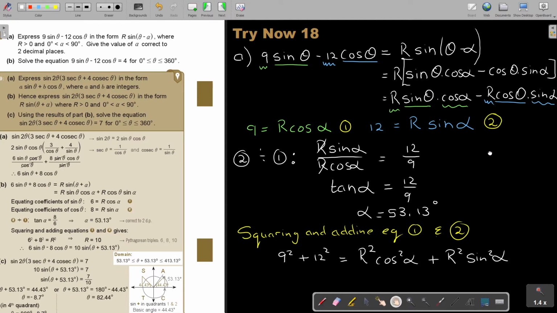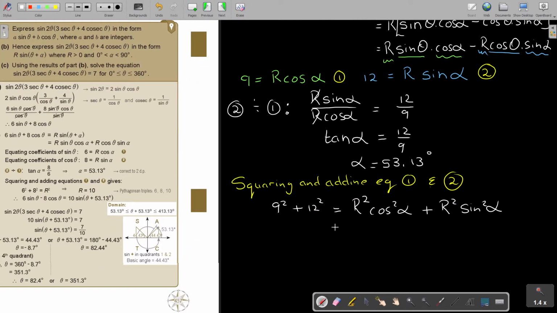Okay, if I move it up, then I'm just going to get on this side R squared, I'm showing you again. So it's cos squared alpha plus sin squared alpha, and that is going to be, so therefore 9 squared plus 12 squared is equal to R squared. But now I'm taking the square root, but they told me in the question that R is bigger than 0, so just the positive.